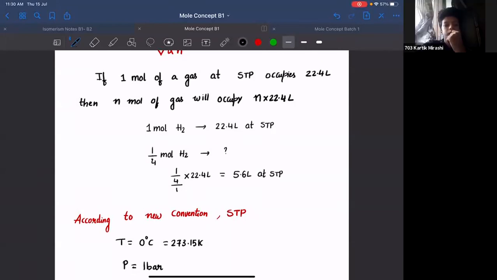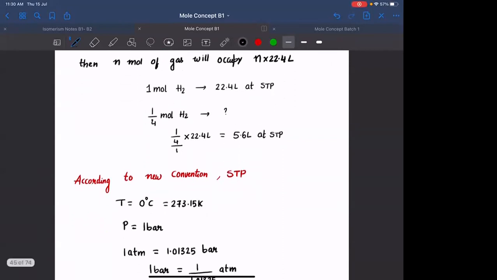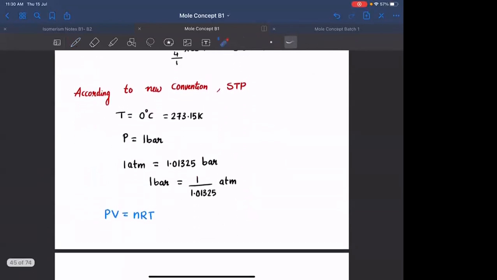Okay. There is another convention, STP, the new convention. In the new convention, we take the temperature as the same, 273.15 Kelvin as in the old convention, but the pressure got changed. The pressure is not 1 atmosphere; we take that as 1 bar. What is the relation between atmosphere and bar? 1 atmosphere is 1.01325 bar, or 1 bar is 1 upon 1.01325 atmospheres.